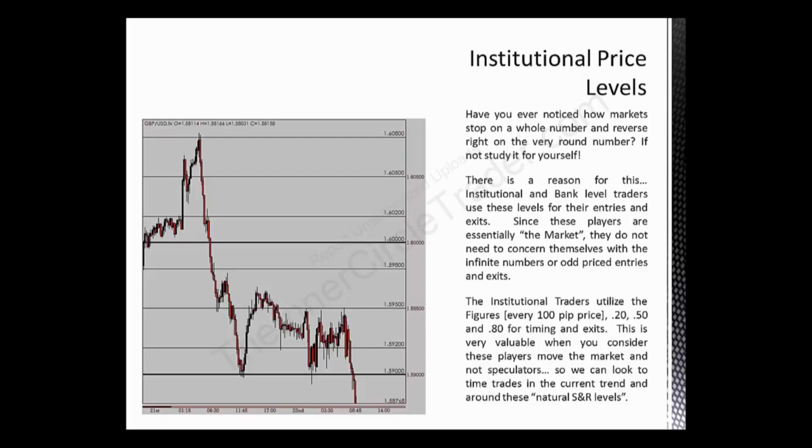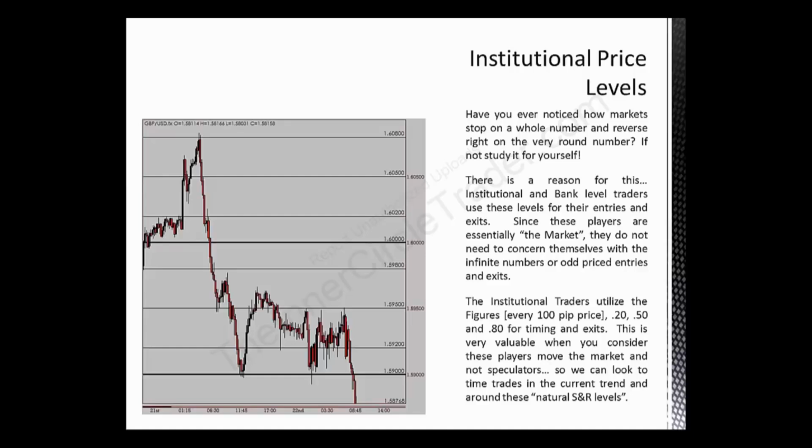The reason these levels are so significant is because institutional traders, many times their order blocks are around these particular price levels. That's why it's uncanny how price goes to these levels. The banks are taking action and providing liquidity for traders at these price points.